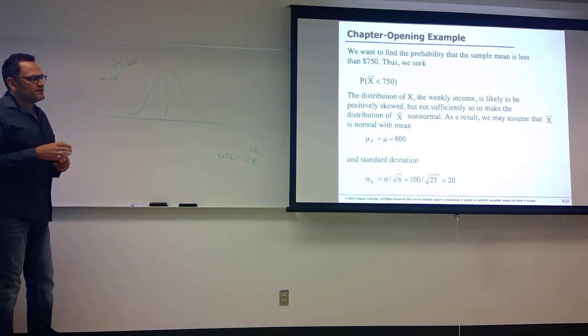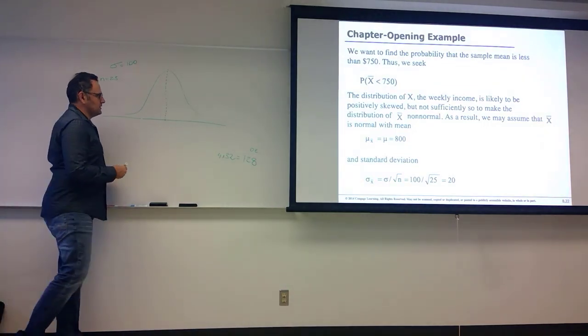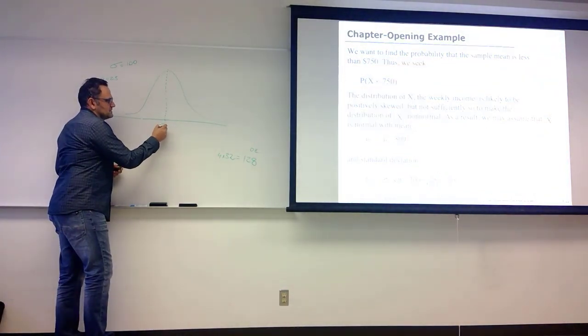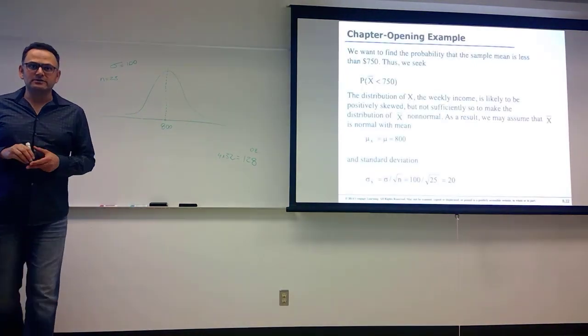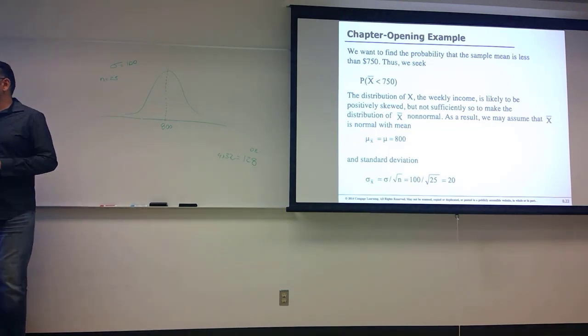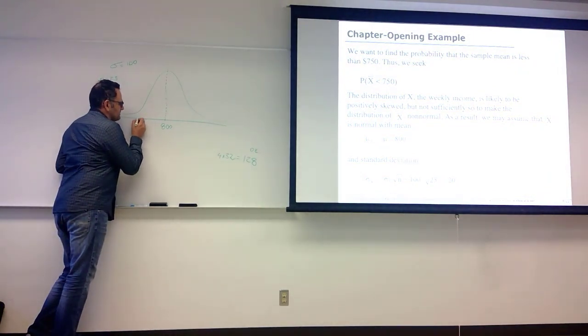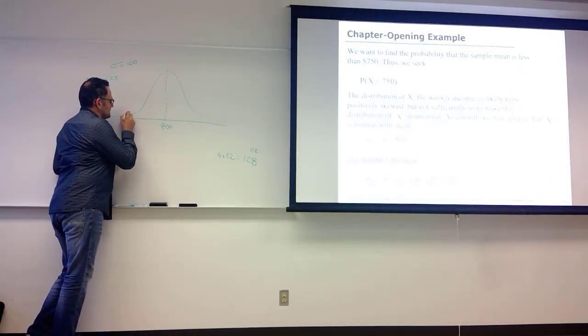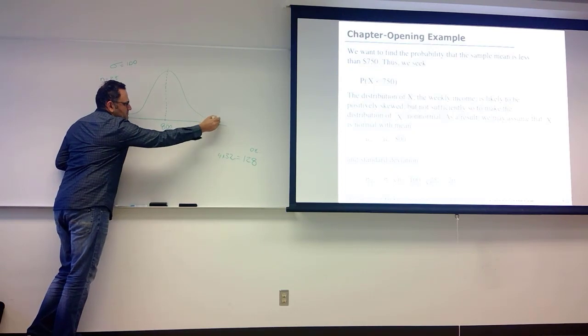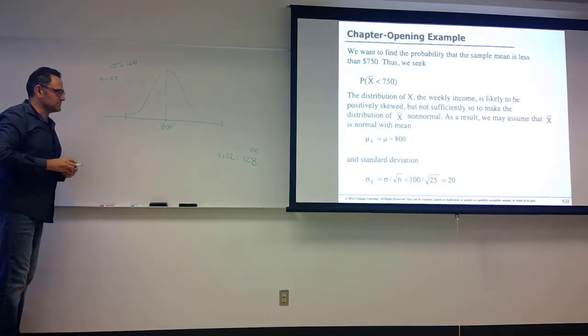What you should be aware of is, let's assume that the dean was right. Let's assume the income of the student is indeed $800 with a standard deviation of $100. If that is the case, what we should know is that with 95% probability, the sample that I take must be between two values.